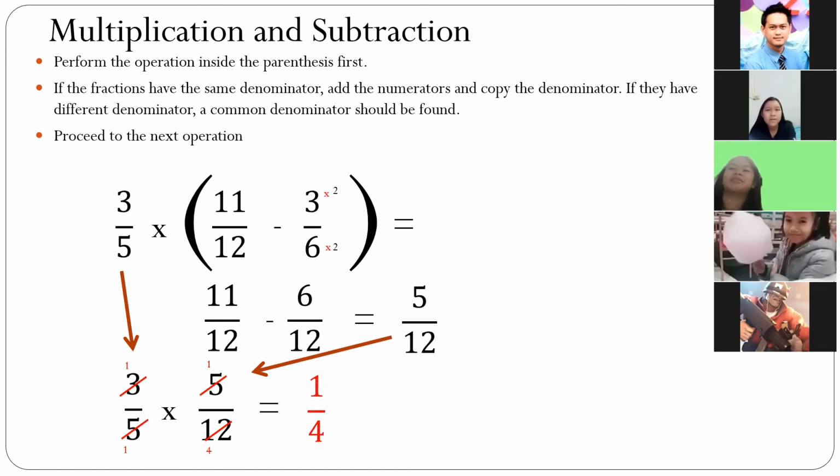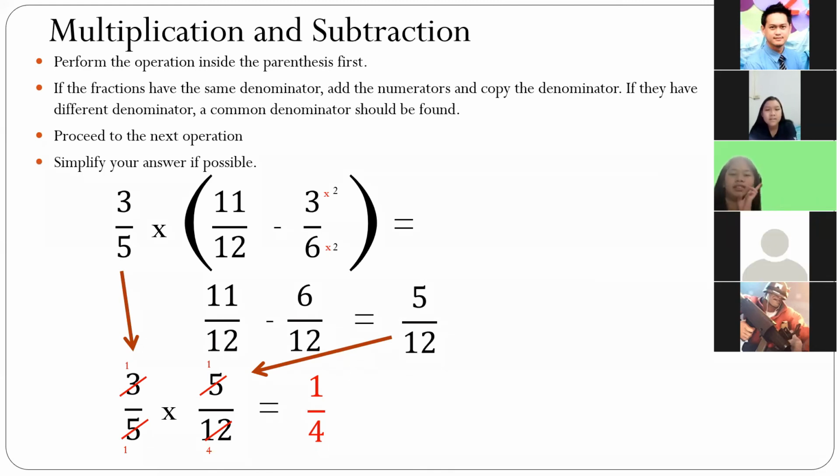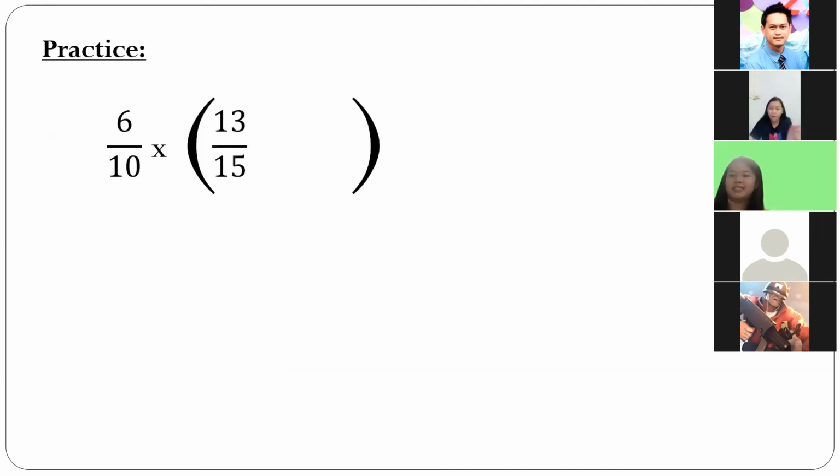Very good. Simplify your answer if possible. It's already simplified. Okay, let's proceed to our practice. 6 over 10 times 13 over 15 minus 3 over 5.